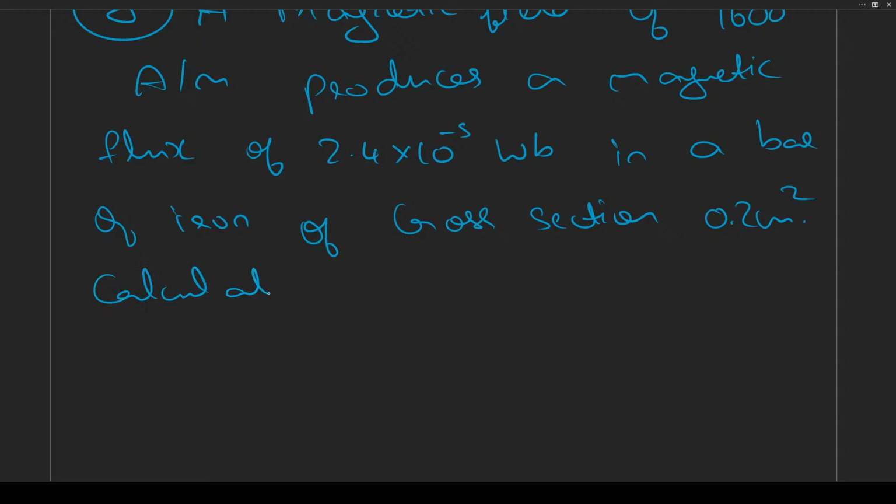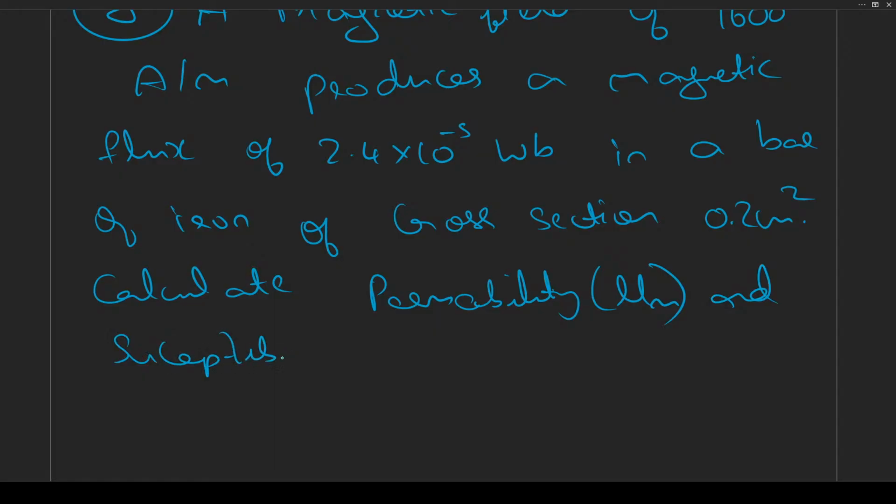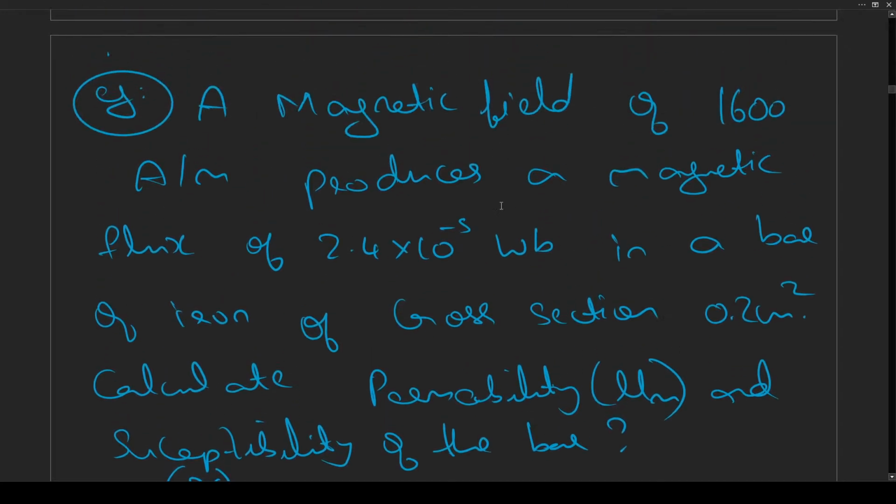Calculate permeability, that is mu m, and susceptibility chi of the bar. If there is a magnetic field of 1600 ampere per meter producing a magnetic flux of 2.4 into 10 power minus 5 Weber in a bar of iron of cross section 0.2 centimeter square, then calculate permeability and susceptibility of the bar.